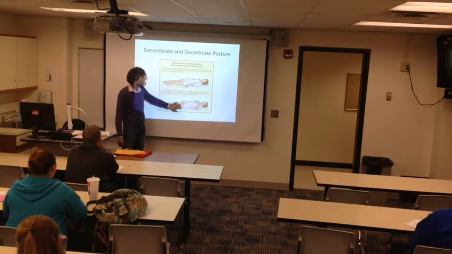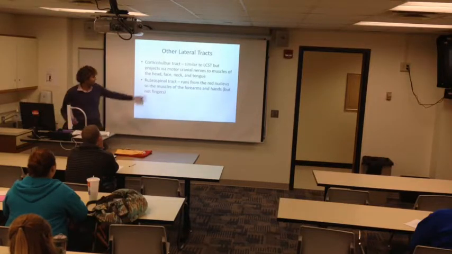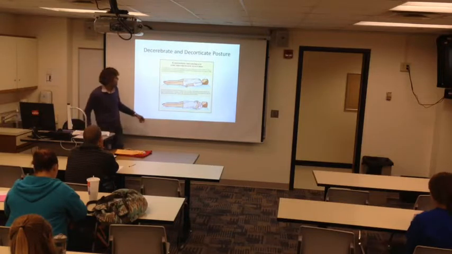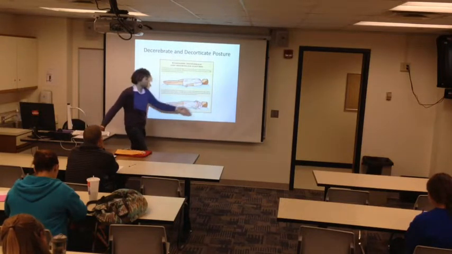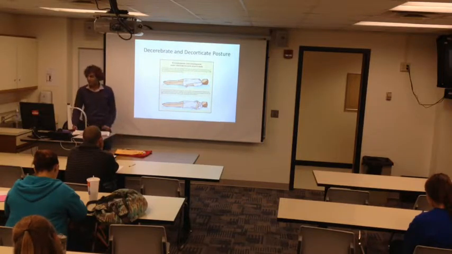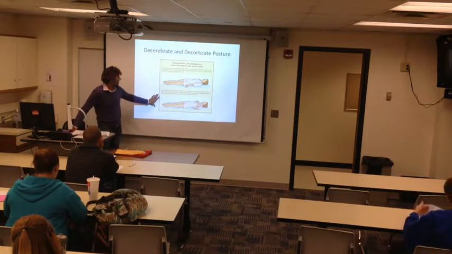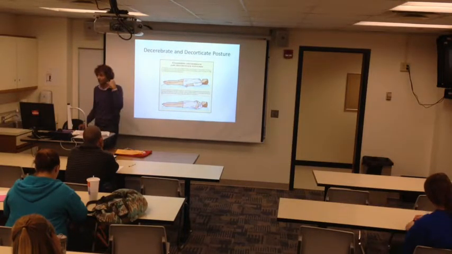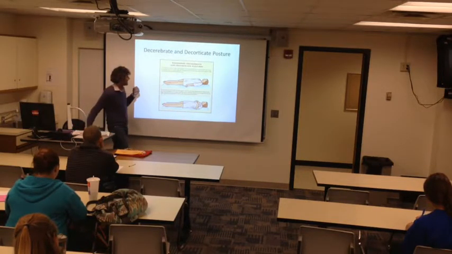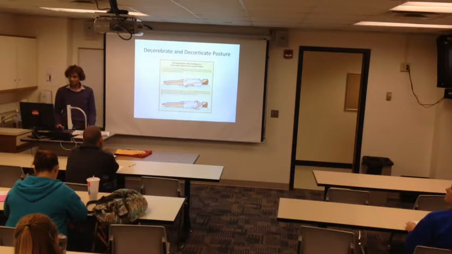The difference between these is actually due to the function of this rubrospinal tract. So it's localizing in the sense that if the rubrospinal tract is intact, which is the decorticate posture, it tells you that the brain is working up from the bottom to the level of the red nucleus, whereas if it's a decerebrate posture, then it's impaired even below the level of the red nucleus.